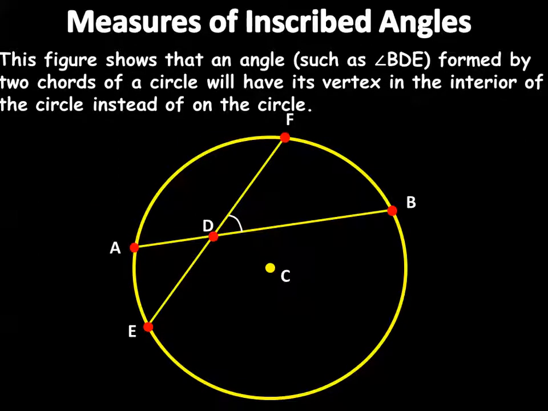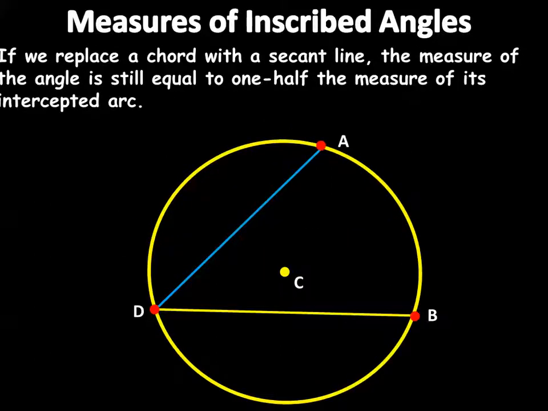This figure shows that an angle, such as angle BDE, formed by two chords of a circle, will have its vertex in the interior of a circle instead of on the circle. If we replace a chord with a secant line, the measure of the angle is still equal to 1/2 the measure of its intercepted arc.